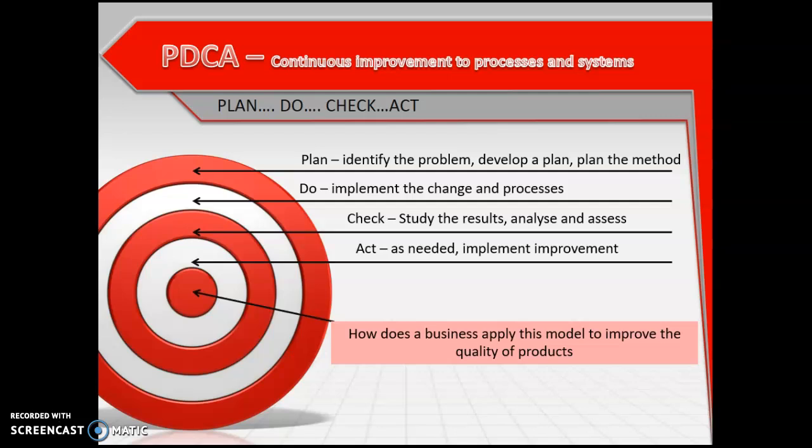So now you need to act, you need to implement some kind of improvement because you were 2% short of the profit that you wanted to make. So you start again with a new plan. How are you going to get to that 10% rather than just sitting at the 8%? I hope that makes sense. Remember, PDCA does fall under the continuous improvement to processes and systems.